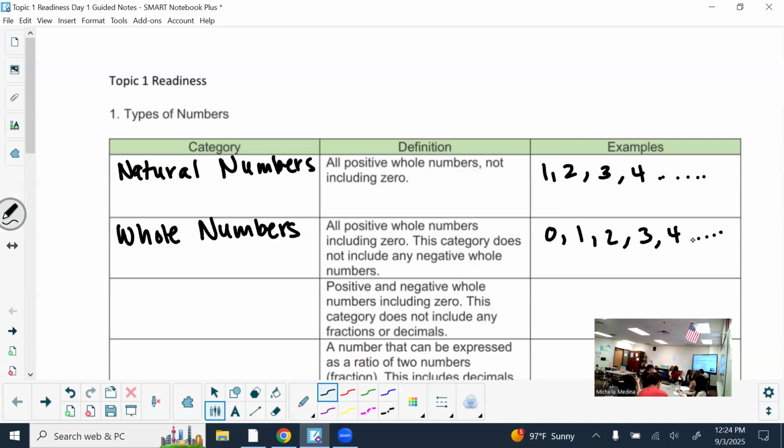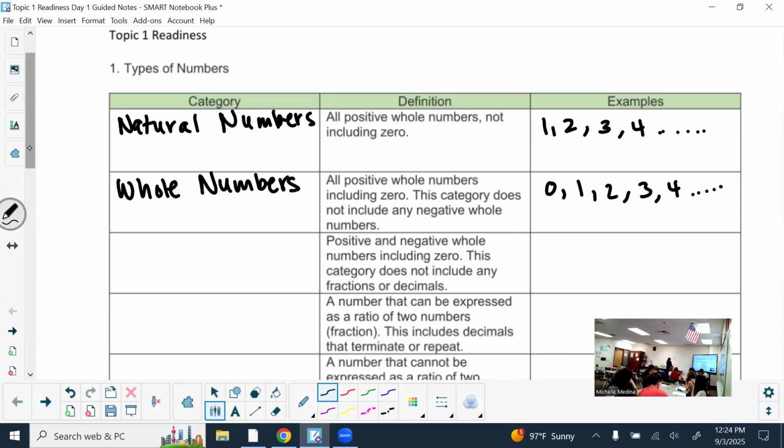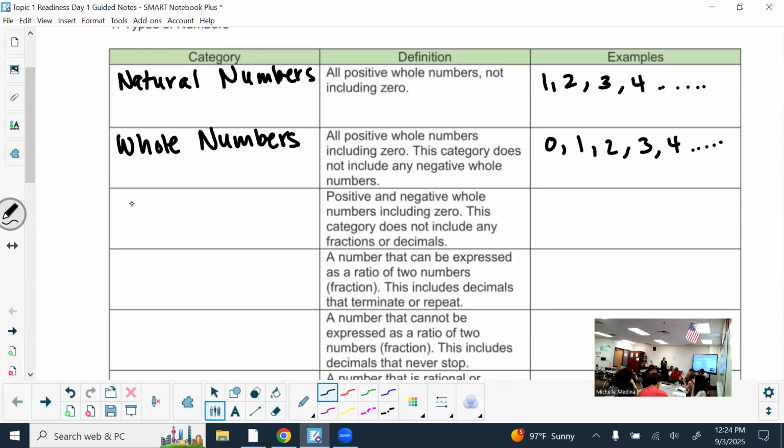The next one. We have positive and negative whole numbers, including 0. This category does not include any fractions or decimals. It includes positives and negatives. Okay, good. This is integer.